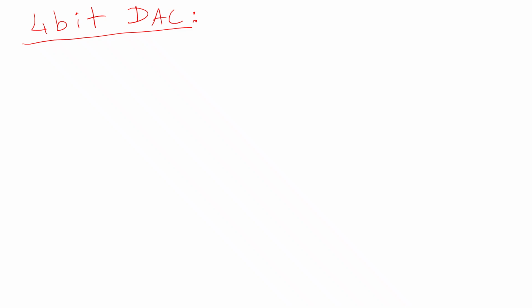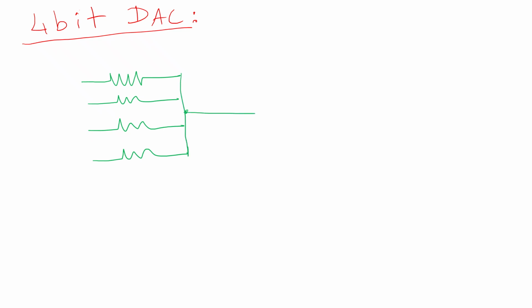Okay, so I'm going to draw the circuit diagram of a 4-bit DAC converter. Since it is a 4-bit DAC converter, we need to feed in 4 digital inputs to an op-amp.